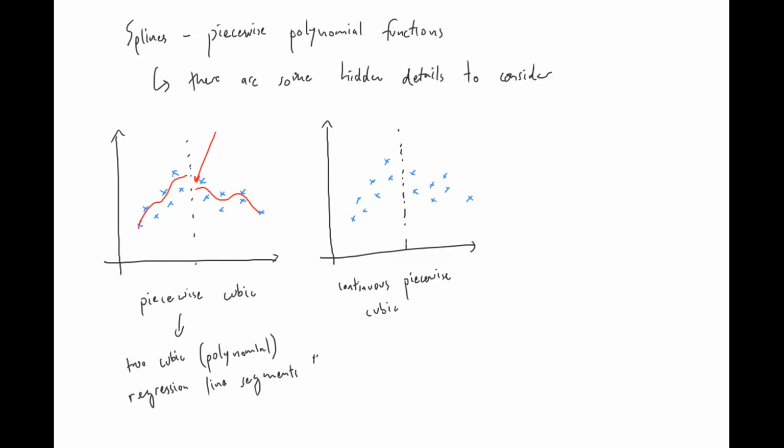And essentially what we'll do is we are going to take this right here, and we are going to add an additional constraint that the lines must touch. Okay, I'm not going to get into the math of this, but essentially what ends up happening is you might instead get something like this.